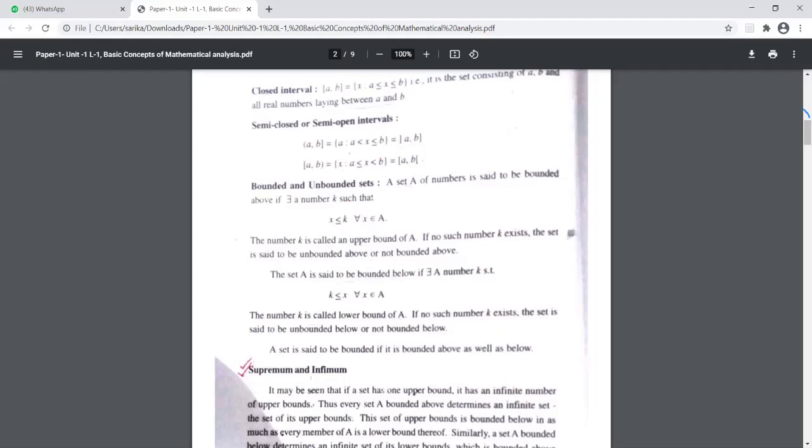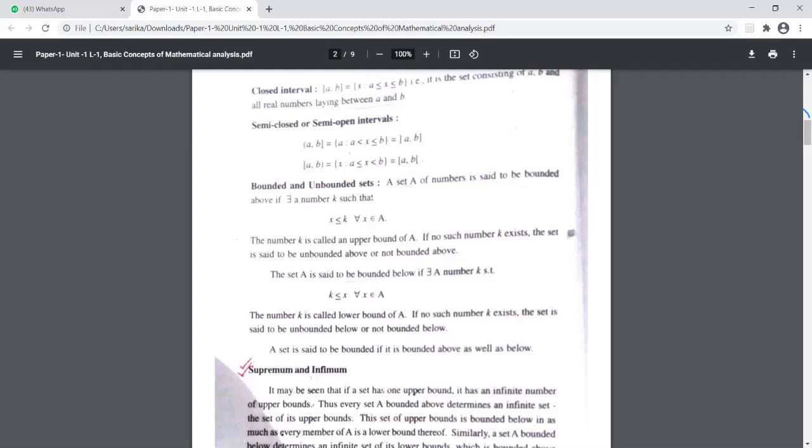Bounded and unbounded sets. A set A of numbers is said to be bounded if there exists a number k such that x is less than or equal to k for all x belonging to A. Did you understand?